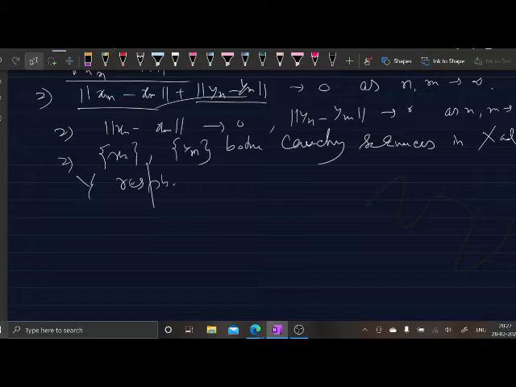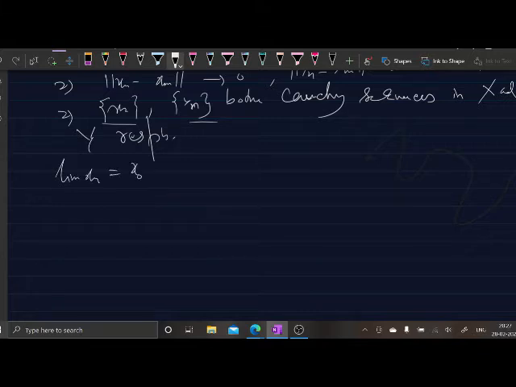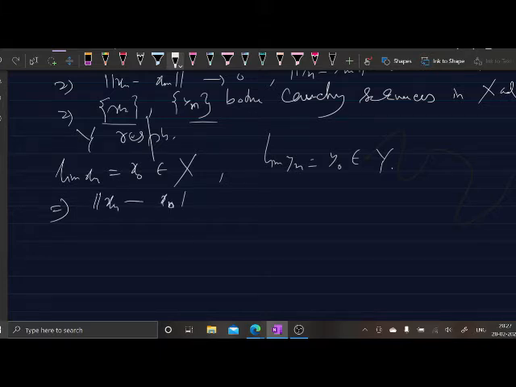That means they are complete with respect to their norms defined in X and Y. Therefore, these Cauchy sequences will definitely converge to some points respectively in X and Y. So suppose limit xn is x naught, which is in X, and limit yn is y naught, which is in Y. Therefore, by the definition of the limit of a sequence, norm of xn minus x naught tends to 0, and norm of yn minus y naught tends to 0 as n tends to infinity.